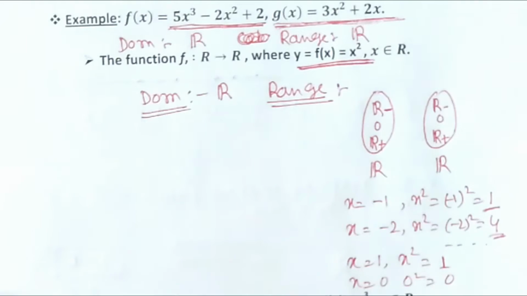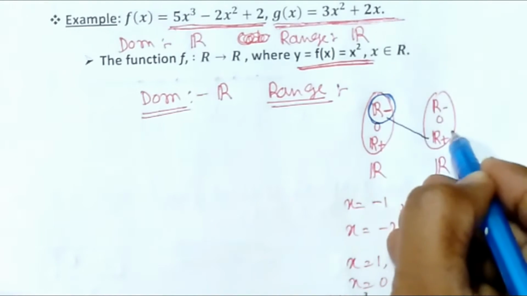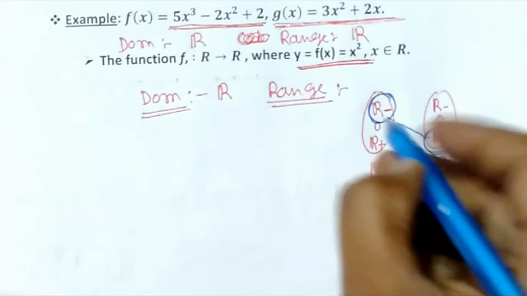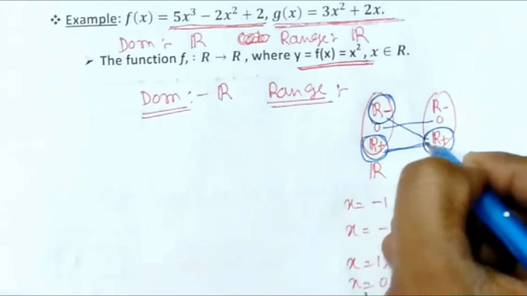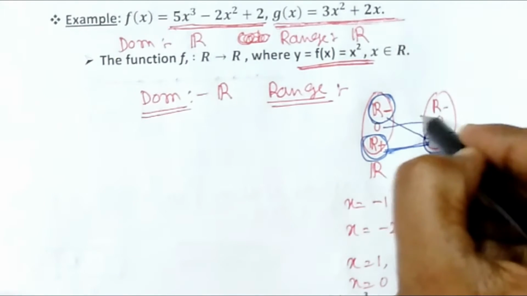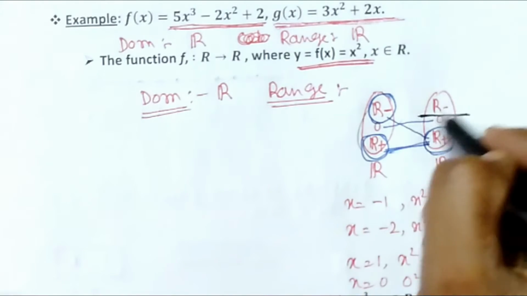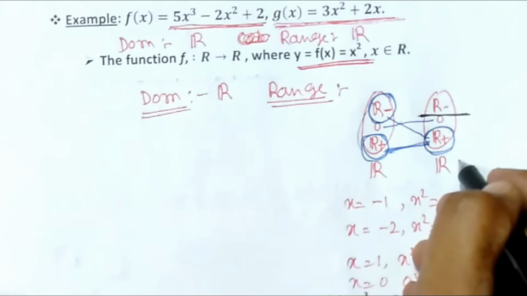So it is clear that all the negative reals will map to the positive reals, right? 0 will map to 0 and all the positive reals will map to positive reals, right? So it is clear that there is no pre-image of the negative reals of the codomain set.